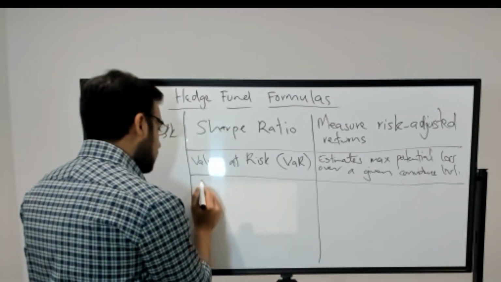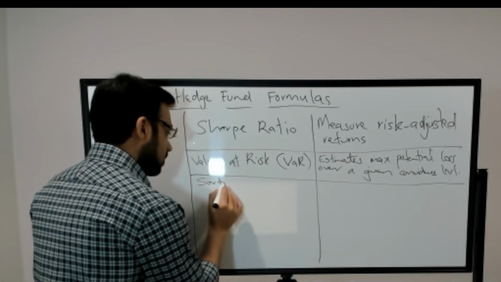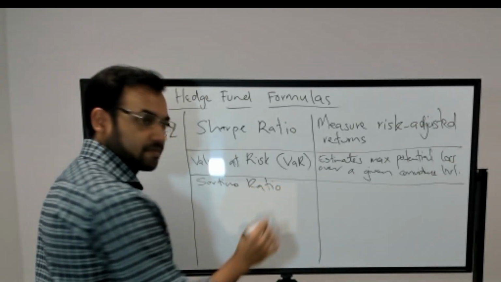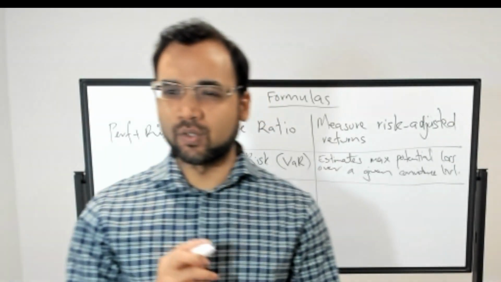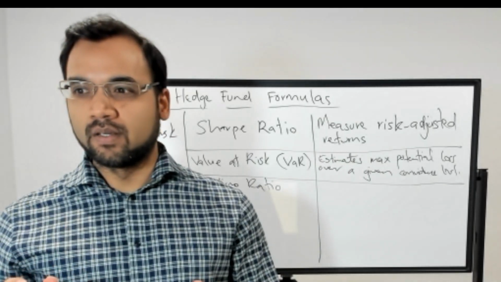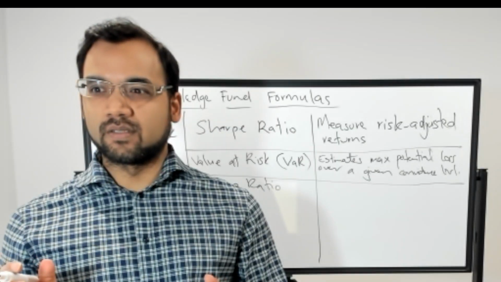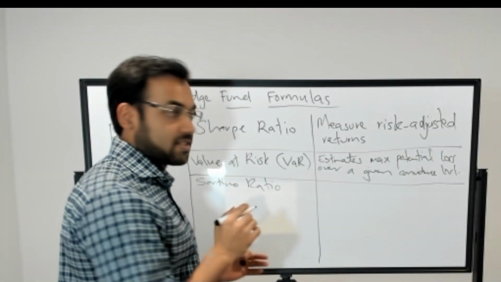The next one is Sortino ratio. Sortino ratio is kind of similar to Sharpe, but it only considers the downside deviation. Alright, let's just write that down.